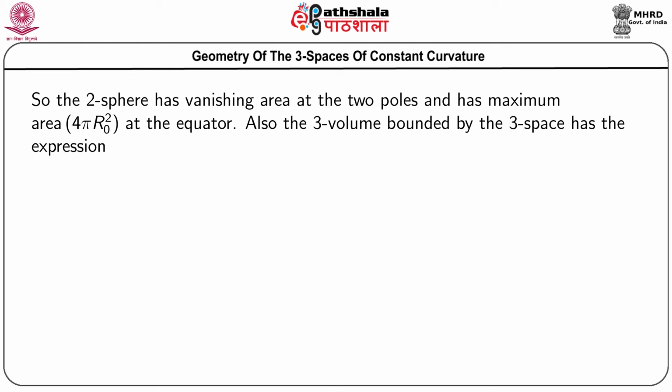So, the two sphere has vanishing area at the two poles and has maximum area 4π r0² at the equator.